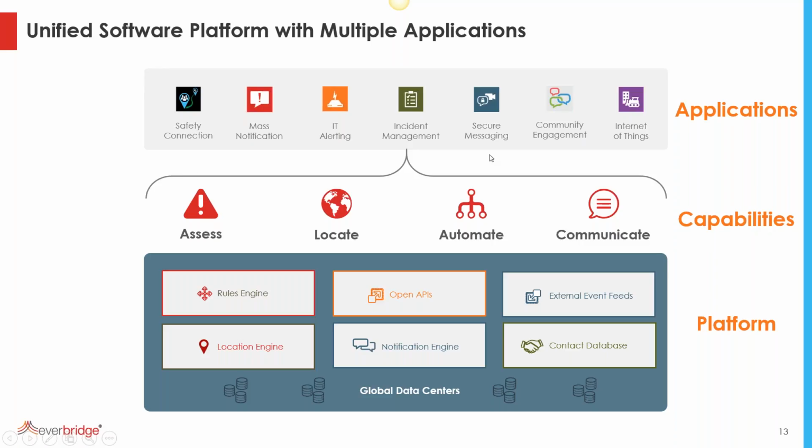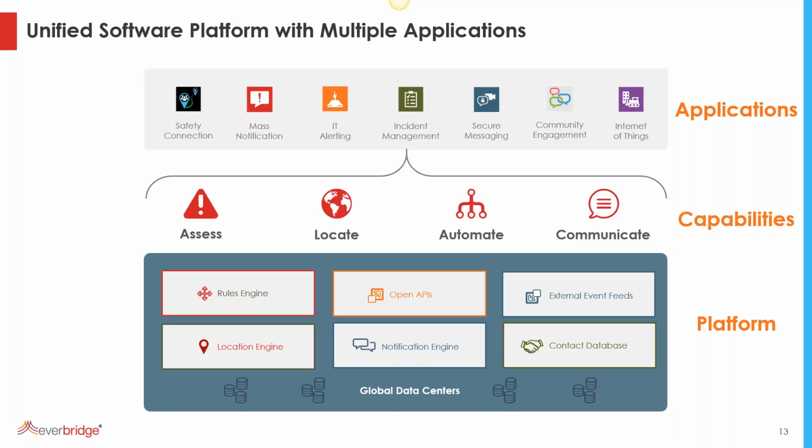Now, all these products have been built with the Everbridge model in mind. What is the Everbridge model? The Everbridge model is about assessing an event, determining whether it's important or not, then locating the people who need to be aware of it or people who may be impacted by it, and then having your responses in an automated fashion so you don't have to spend a lot of time crafting those responses.